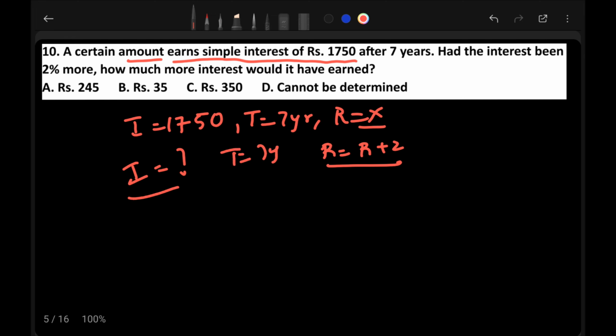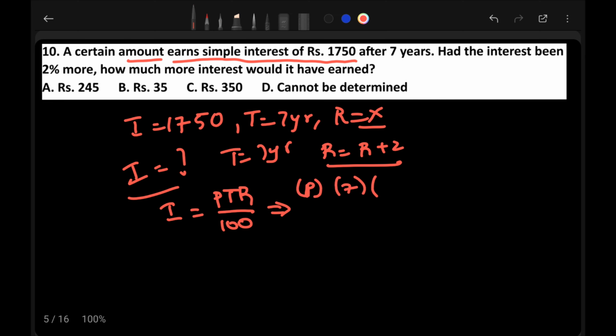Time is 7 years. If we use the formula I equals PTR by 100, the principal amount is not given. That is one more thing. Time is 7. Initially the interest is P into 7 into R by 100. The second one is P into 7 into R plus 2 by 100.